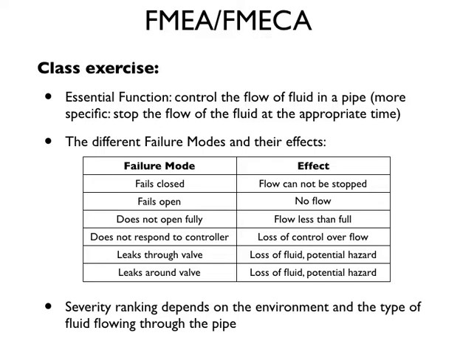The effect of that is flow cannot be stopped. Fails open, there's essentially no flow, right? If the failure mode is does not open fully, then there's of course a reduced amount of flow, or it could be does not fully close, which would mean there's some flow when there shouldn't be.